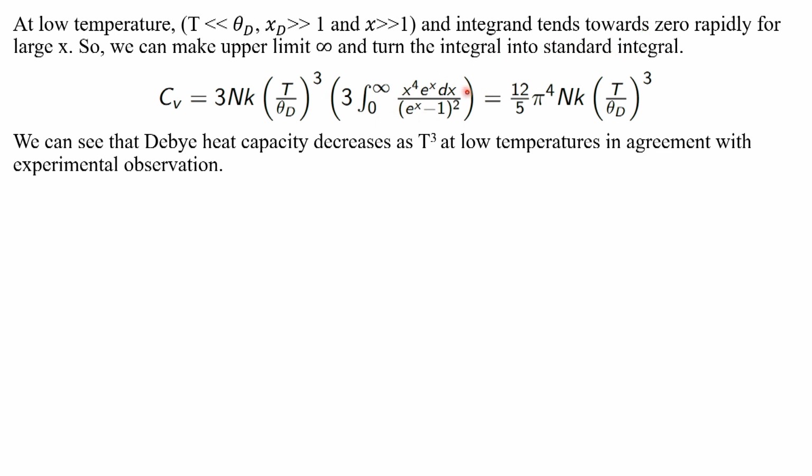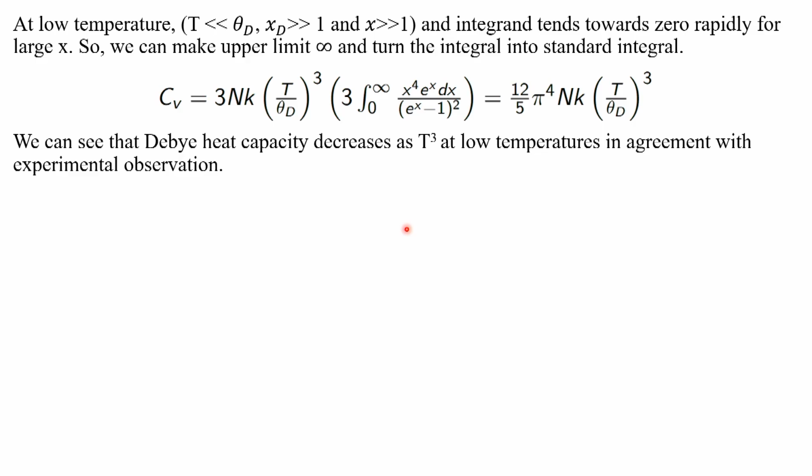If we further carry this out, we get (12/5)π^4 nk (T/θ_D)^3. So we can see that Debye heat capacity decreases as T^3 at low temperatures, in agreement with the experimental observation. This is known as the T^3 law.